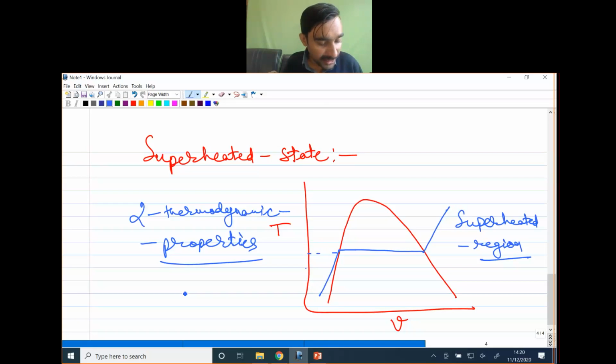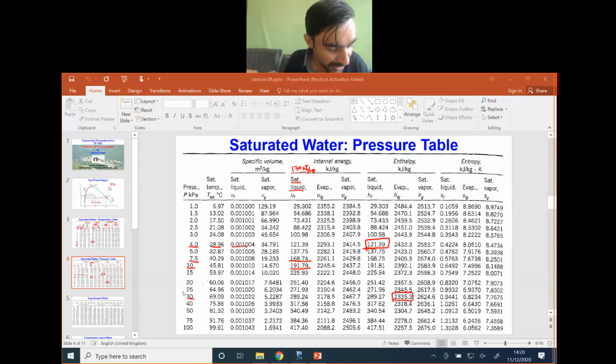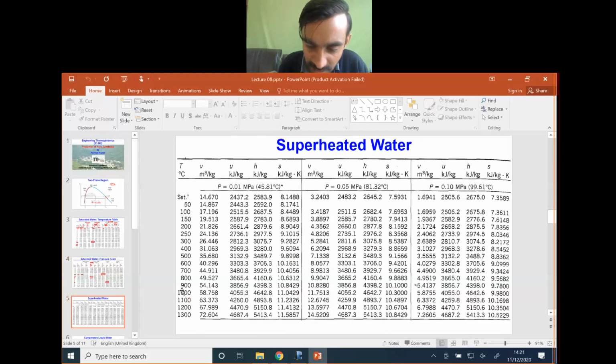So now let me show you the superheated tables with the help of slides. In my slide number 5, you can see that we have tables for superheated water. On the left hand side, we have a column which shows the temperature values.